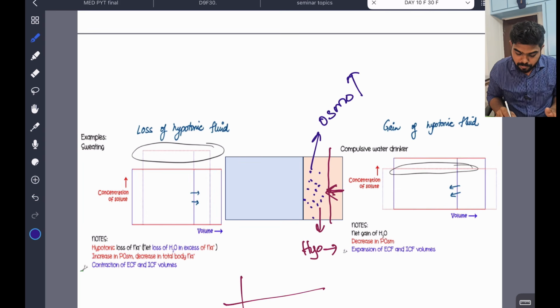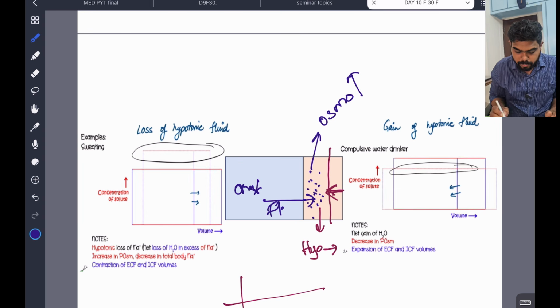So fluid volume came down because hypotonic fluid left, and osmolarity increases. Here osmolarity is more, here osmolarity is low. So fluid will shift from here to there.